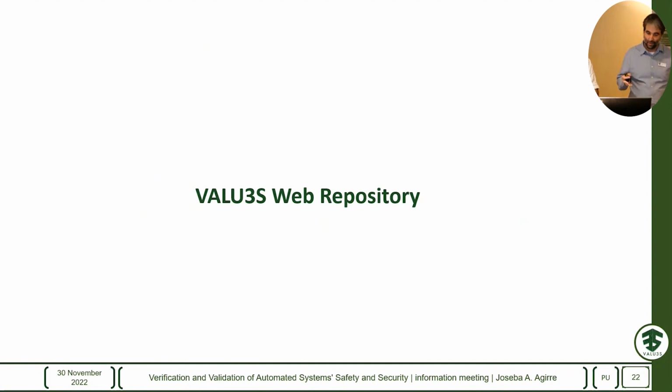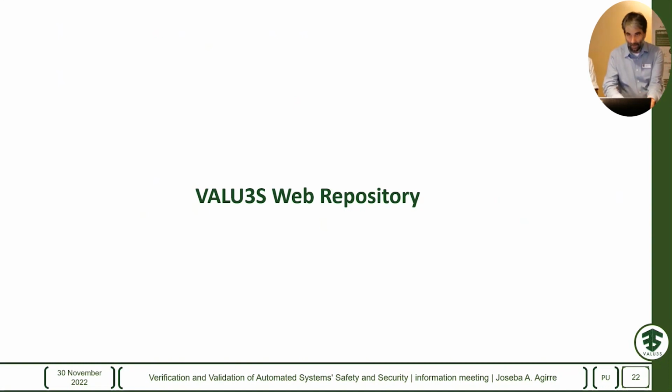During this project, we will continue updating and generating more content, but that permission is only going to be for the VALU3S project members. For the community, you have the possibility to read and access the information, but for the moment, you cannot create content in this web repository.